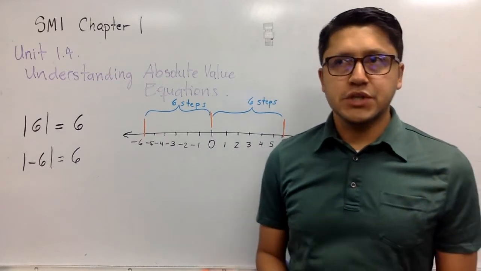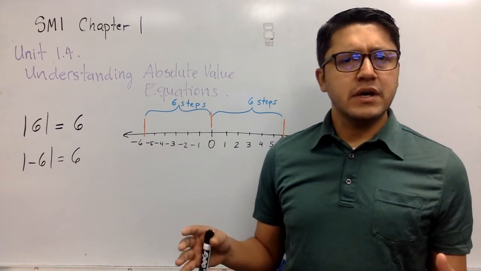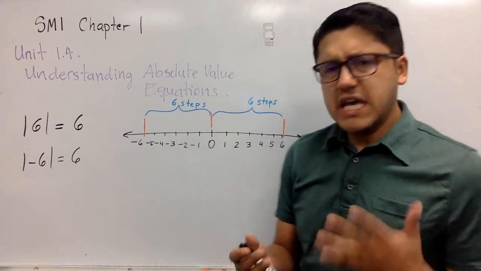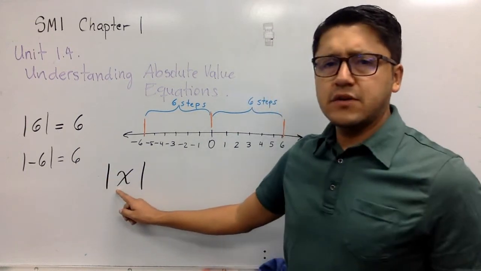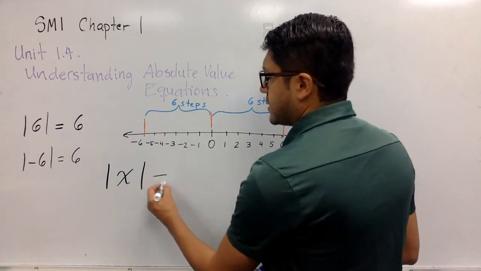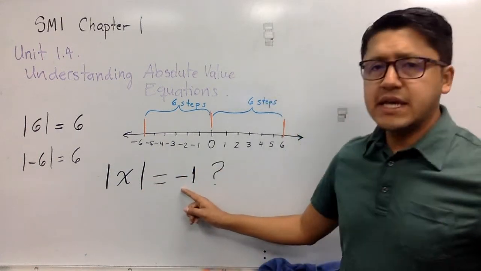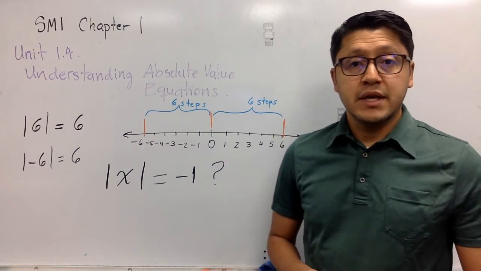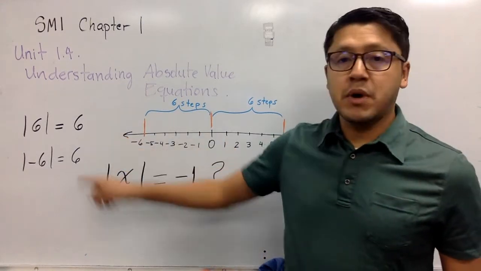So that begs the question, if you apply the absolute value to any given value, is it possible that it gives, for example, -1? Well, remember, absolute value always returns positive values.